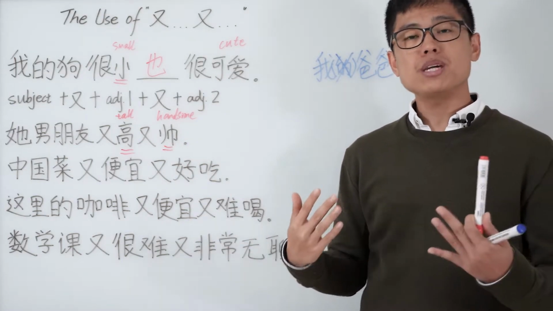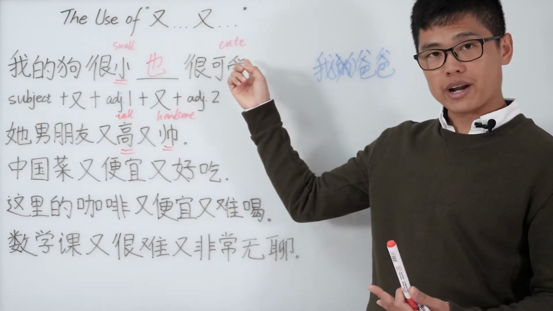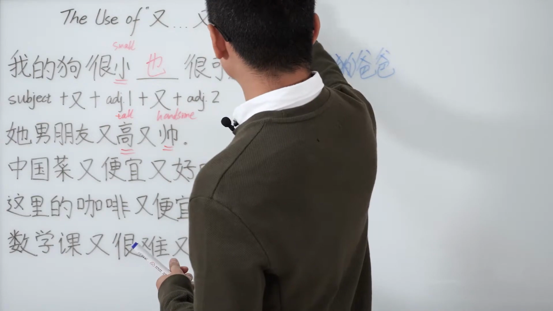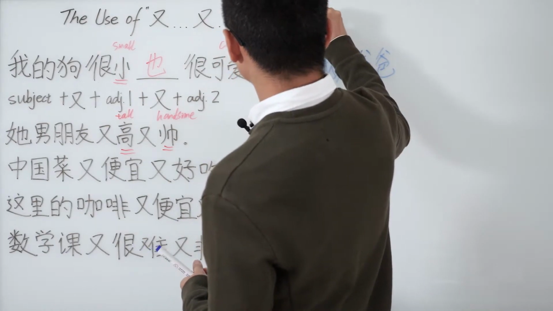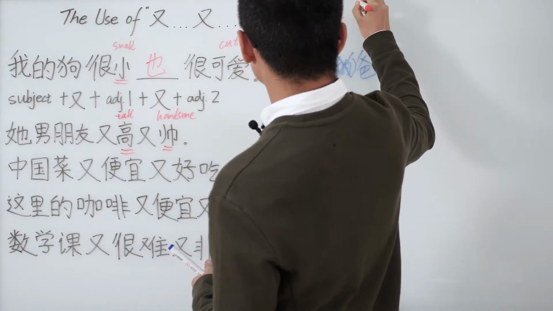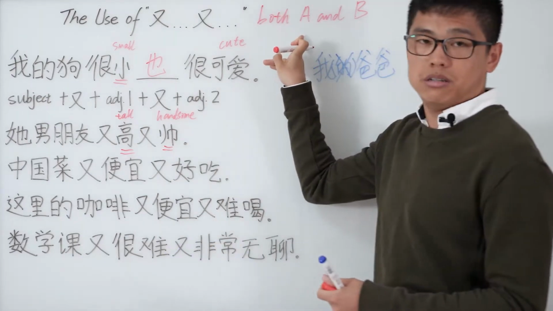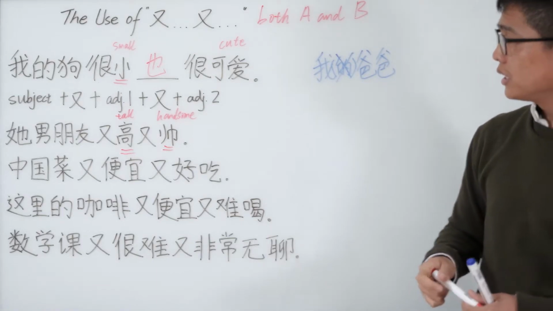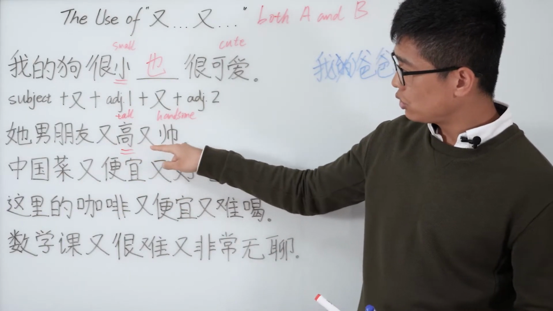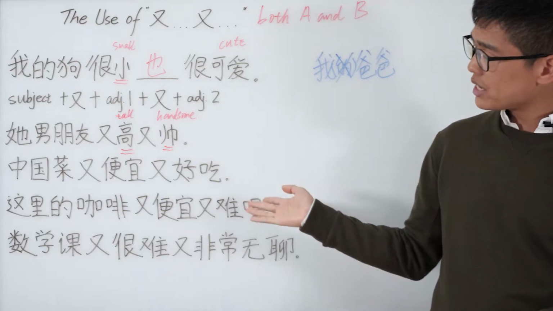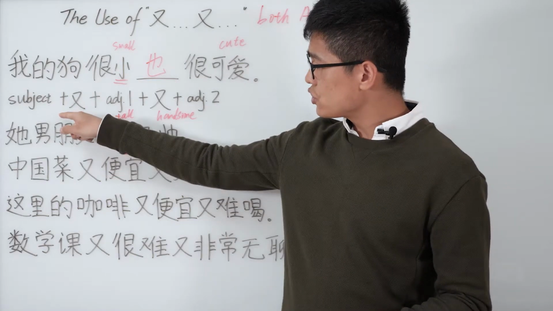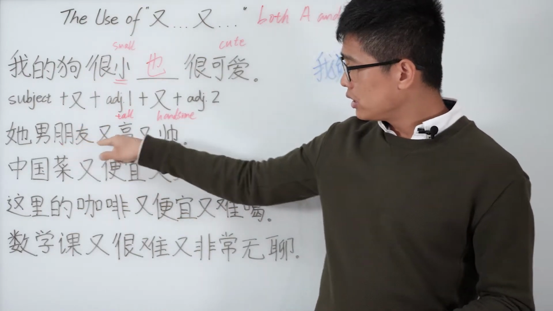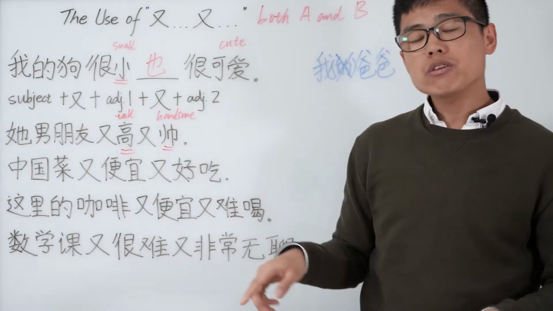So you can say the meaning for yo phrase is both A and B. A and B are both adjectives. 又高又帅.